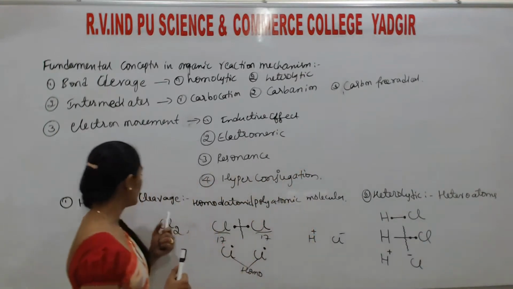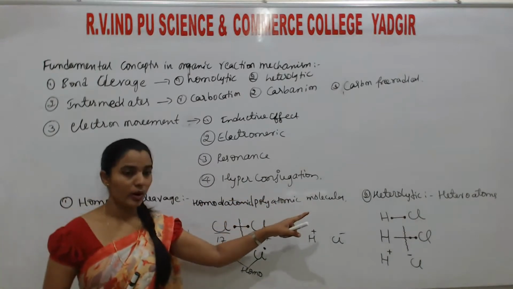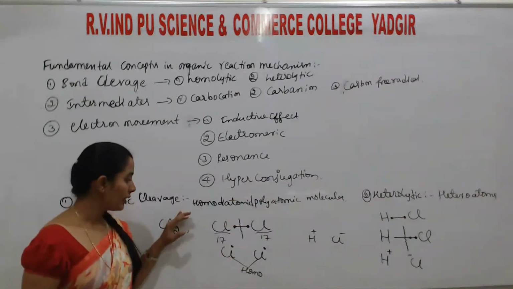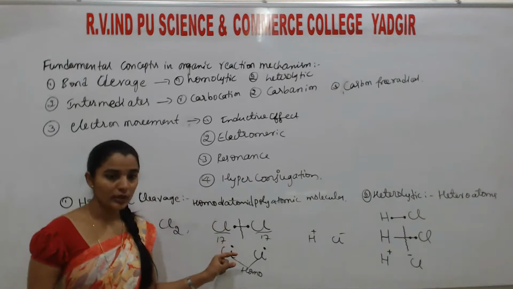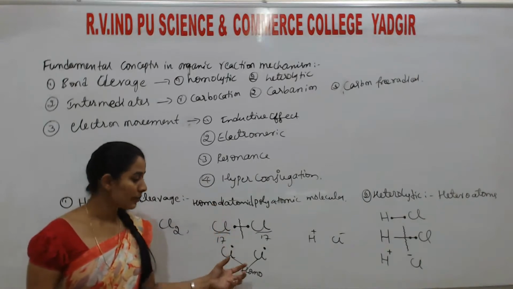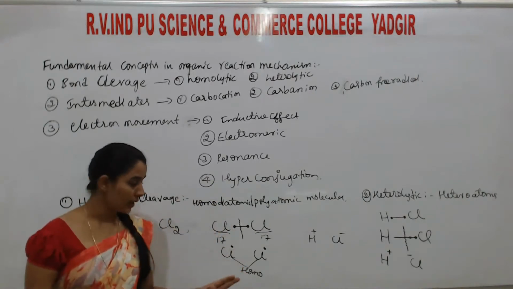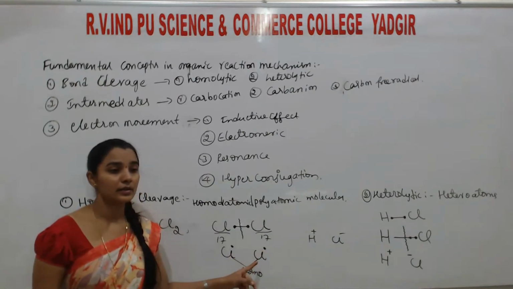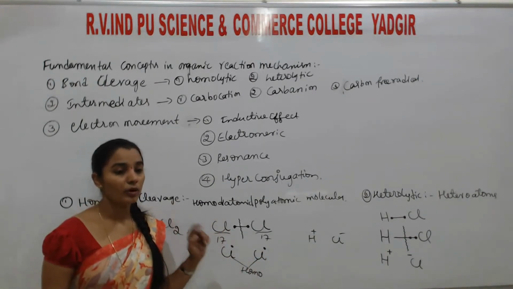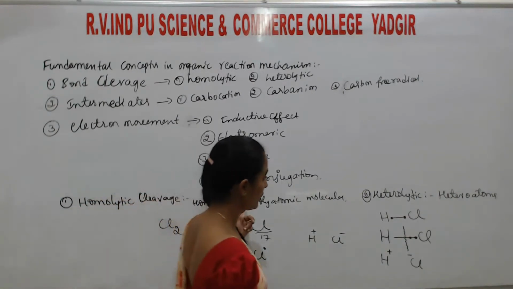Understand? So what is homolytic bond cleavage? What is heterolytic bond cleavage? They may ask. Homolytic means after the cleavage of the bond, if they form the same type of atoms, especially free radicals, then it is said to be homolytic cleavage.